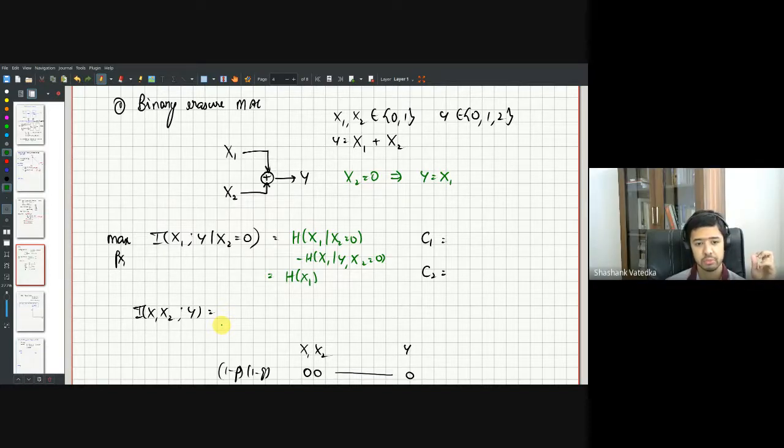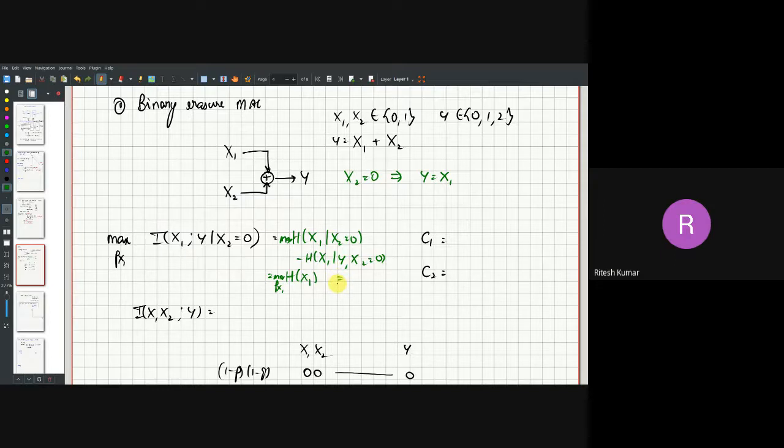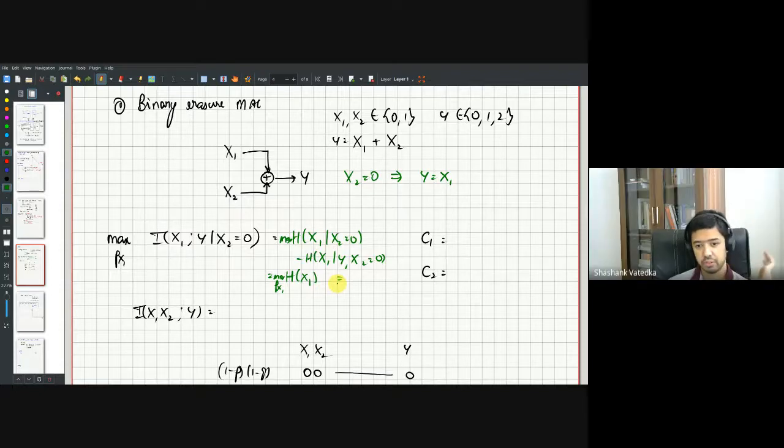So you want to maximize the mutual information over all possible p(X1). What is that equal to? What is the maximum of the entropy?